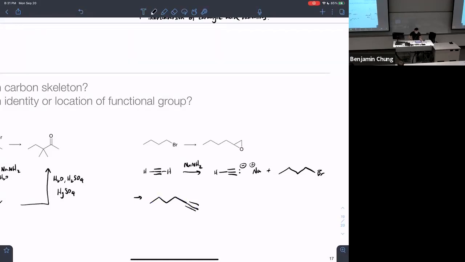So how do we generate epoxides generally? What functional group does it react with to form an epoxide? Alkene. So how can we get from an alkyne to an alkene?